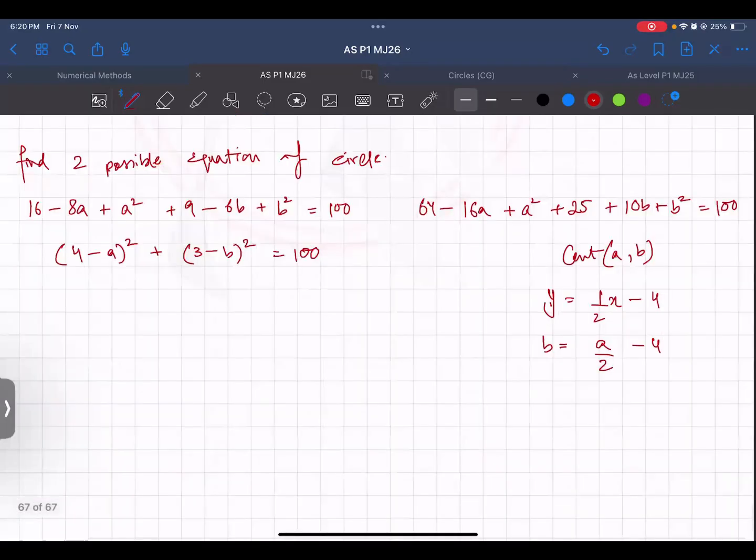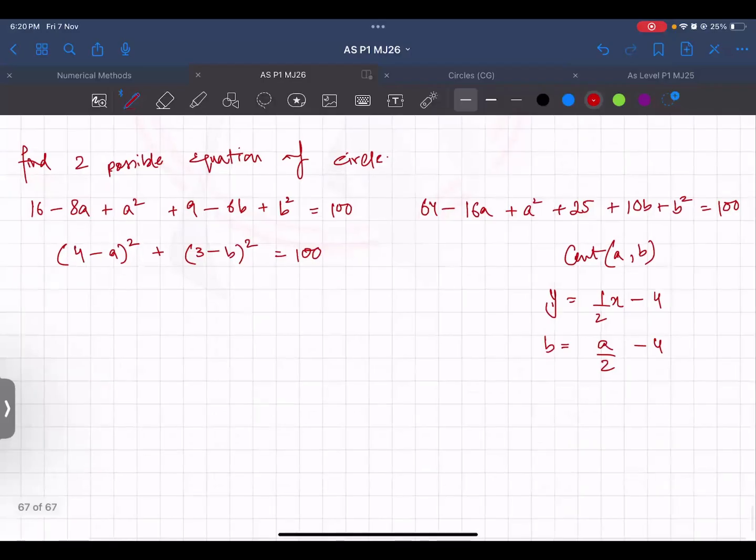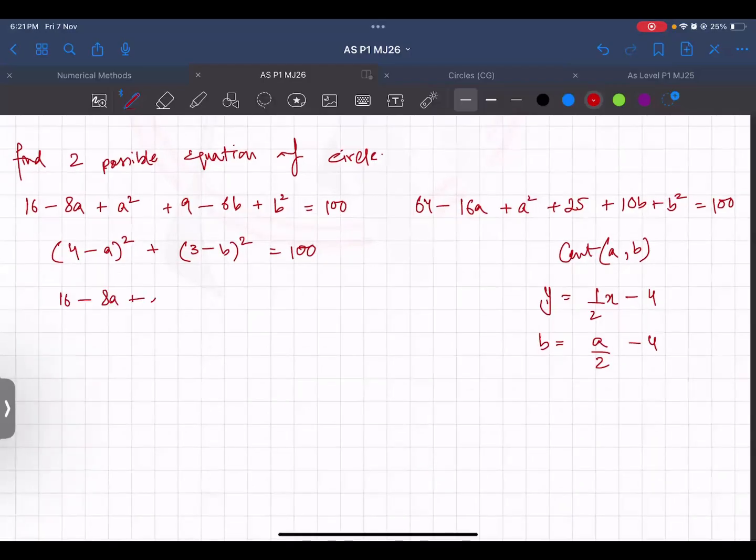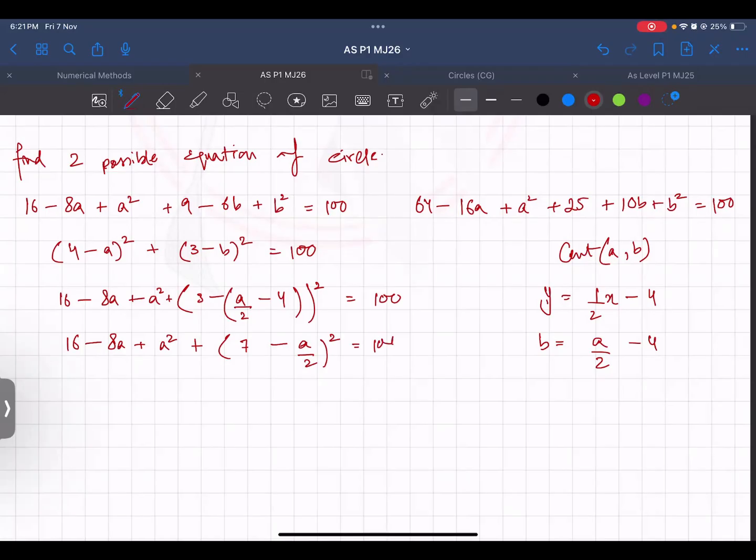So if I expand this, 16 minus 8a plus a square, no worries. On this part, I will expand. This would become plus 3 minus a upon 2 plus 4. I'm expanding the bracket as well, like this. It would be like this, is equal to 100. So 16 minus 8a plus a square, and this would become plus 3 plus 4 is 7 minus a upon 2 whole square is equal to 100.